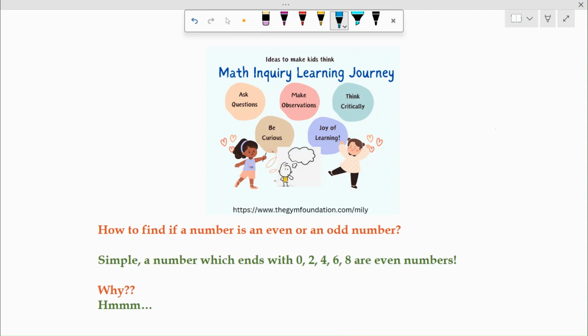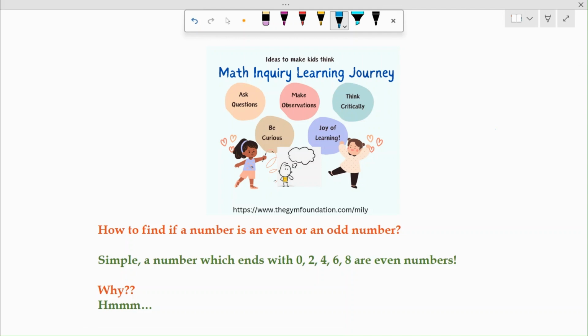Or how can you prove that the numbers ending with 0, 2, 4, 6, 8 are even numbers? Many children would say maybe they are divisible by 2, or maybe that is how I have been taught. But when asked why numbers divisible by 2 end with 0, 2, 4, 6, or 8, many of them may get stuck.